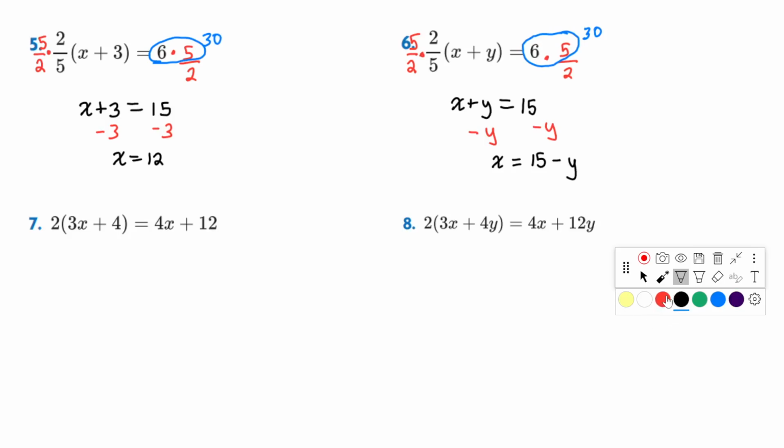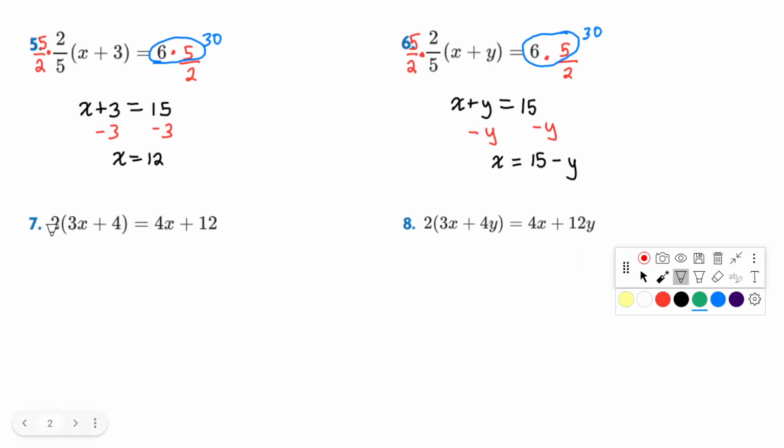Number 7. We could go ahead and distribute. I'm also going to point out that if I look at this side, I could undo the multiply by 2 by dividing both sides by 2. It really doesn't matter.